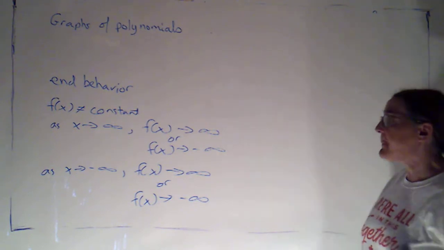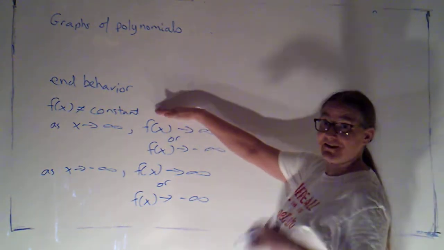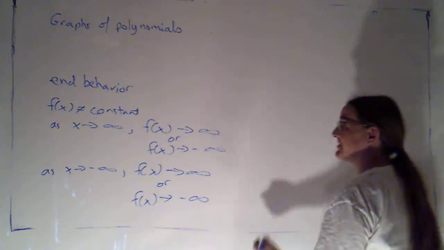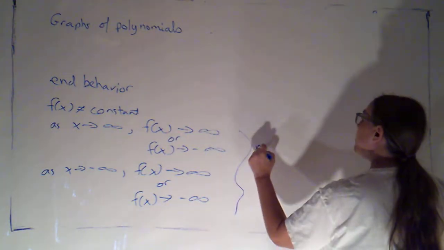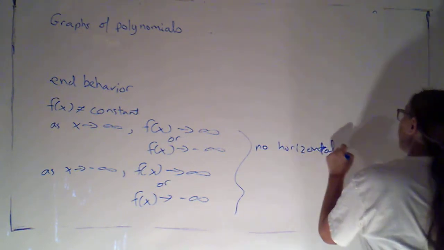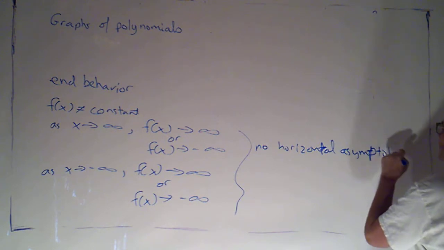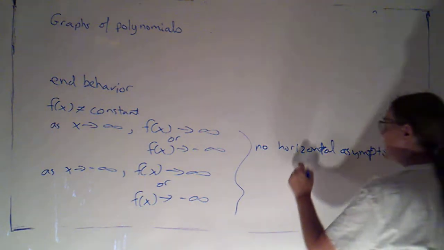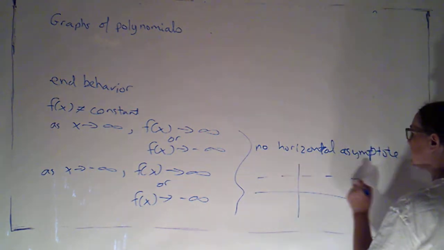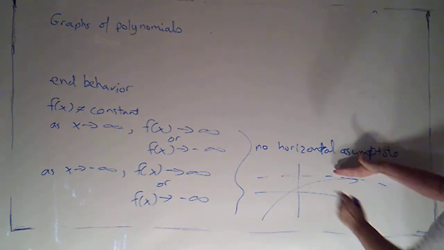But that tells me that unless we're talking about a constant function, which just is a horizontal line, we're going to have no horizontal asymptotes. So we saw a horizontal asymptote in the reciprocal function. If there's a horizontal asymptote, that's saying that my function doesn't go off to plus or minus infinity.